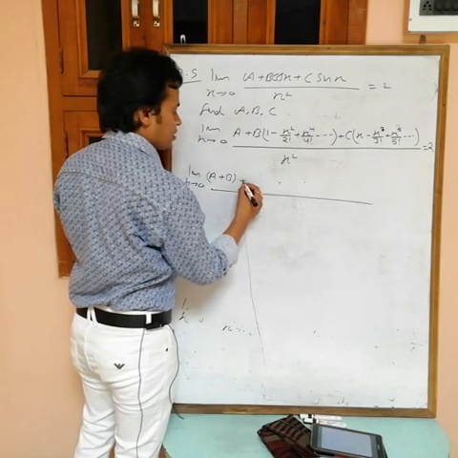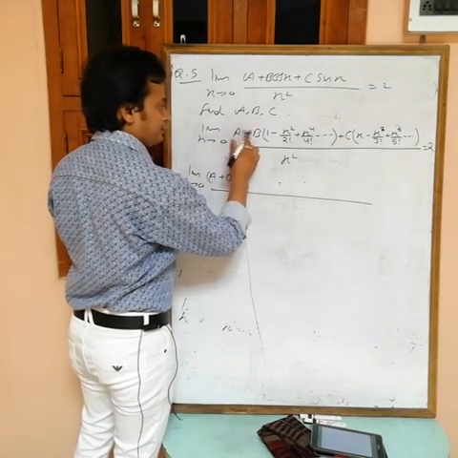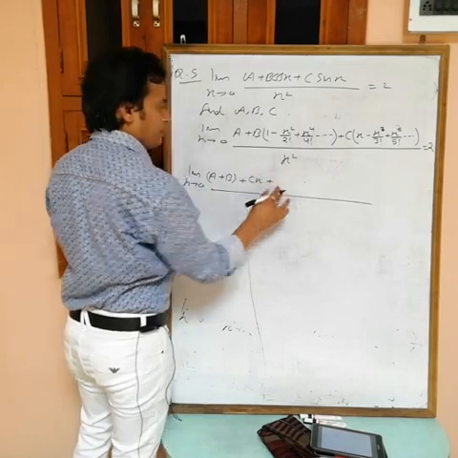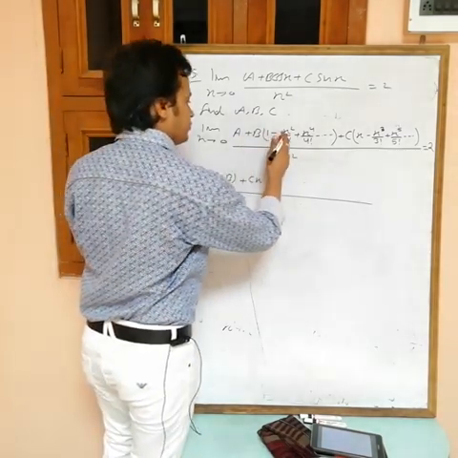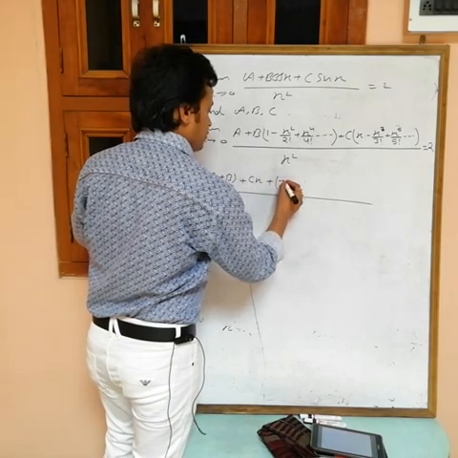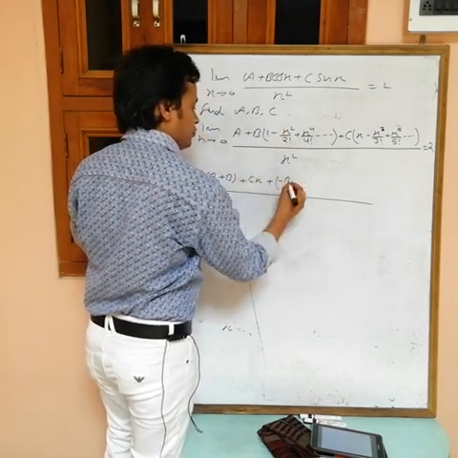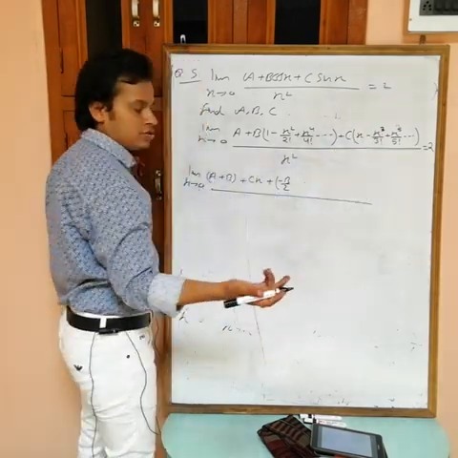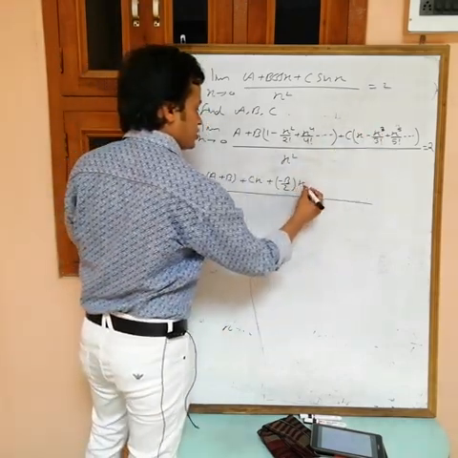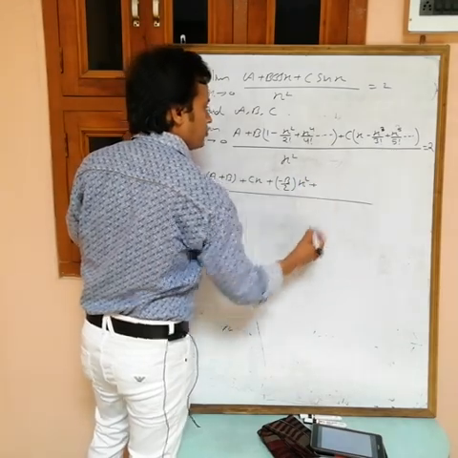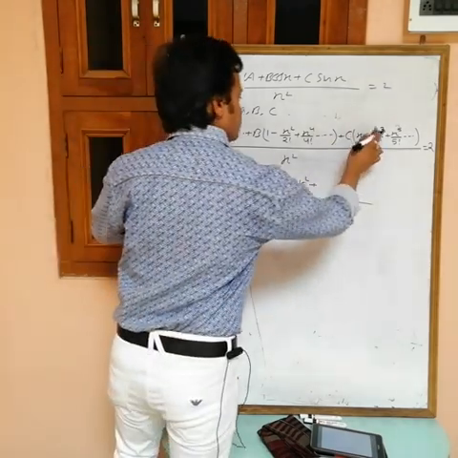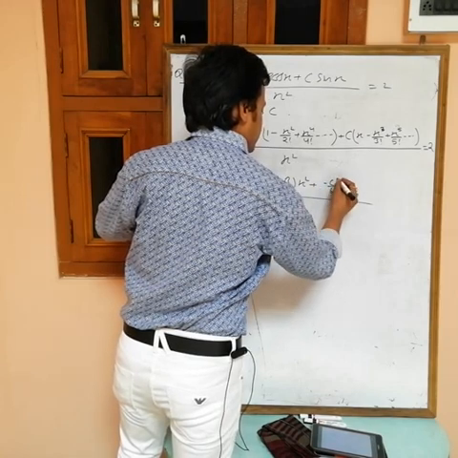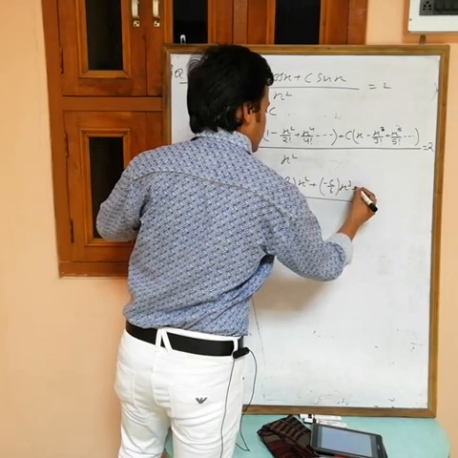Now terms of x: there is cx. Then terms of x square: minus b by 2. Now terms of x cube: minus c by 3 factorial, meaning 6, into x cube.